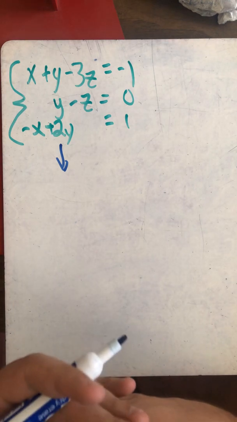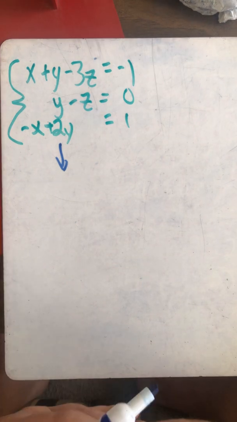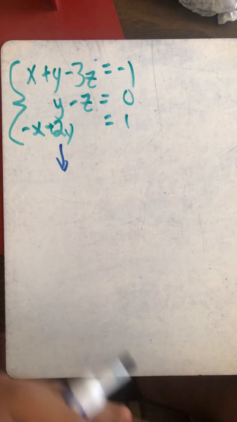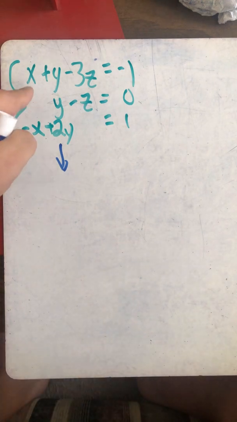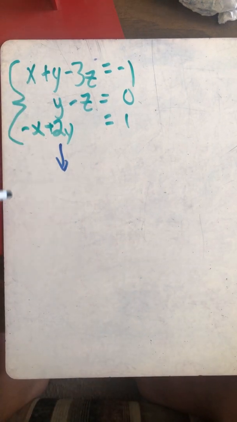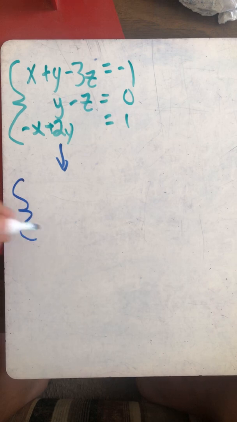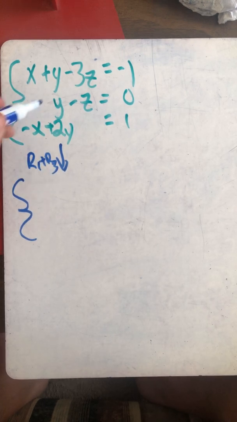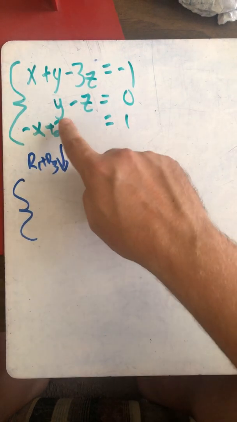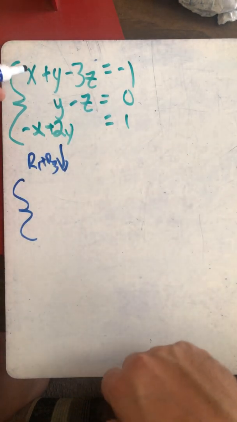So for me, when I'm looking at this, I am looking to eliminate the easiest one possible so I can work with the other two. With that being said, I have x and -x. Well, guess what? I'm going to choose to eliminate x. So I'm going to add row 1 and row 3. I'm going to leave row 2 untouched, which means I'm going to be left with y and z.